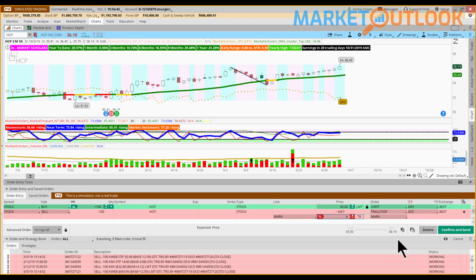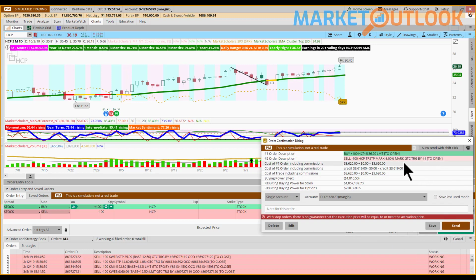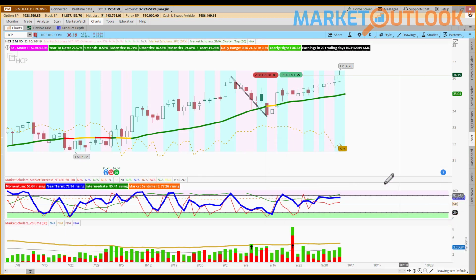As I mentioned before, we're going to do an 8% trail stop. So I'm just going to type in 8.00 and hit enter. It automatically applies the minus 8.00% in there on our behalf, which I can then click confirm and send. Review this one more time. Everything looks good. I'll send that in and we'll see if we can get filled first thing in the morning.